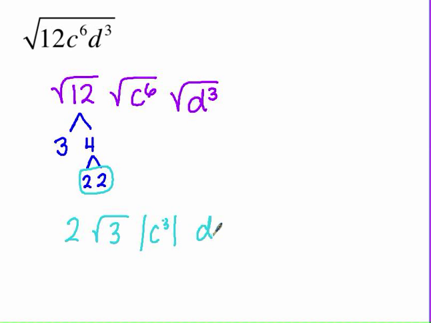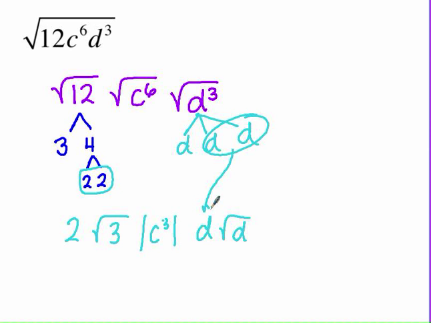One d, the square root of d. Now for those of you wondering how does that work, here's another way we could do this. Isn't that what d cubed means? I can take pairs out. There's your pair, so there's your one that goes out. Here's your one that stays in. That's another option that you can look at.